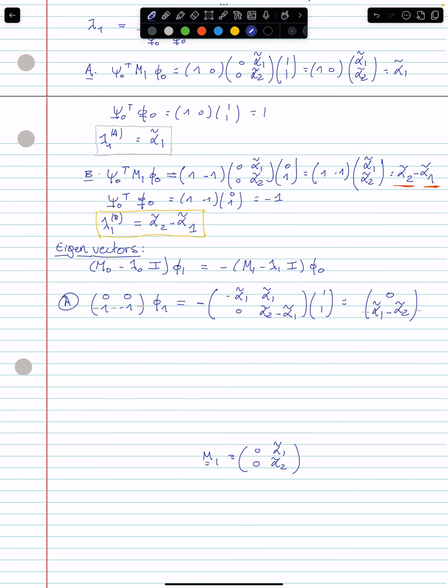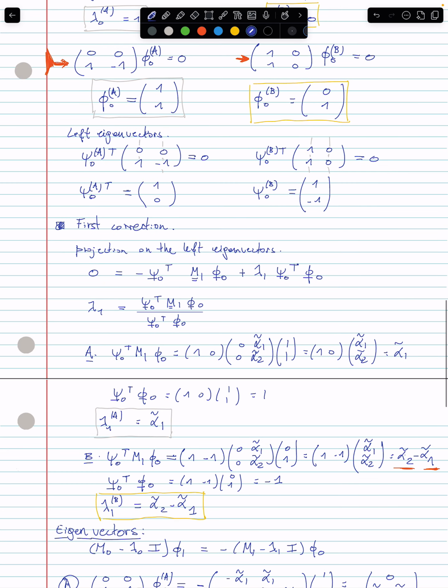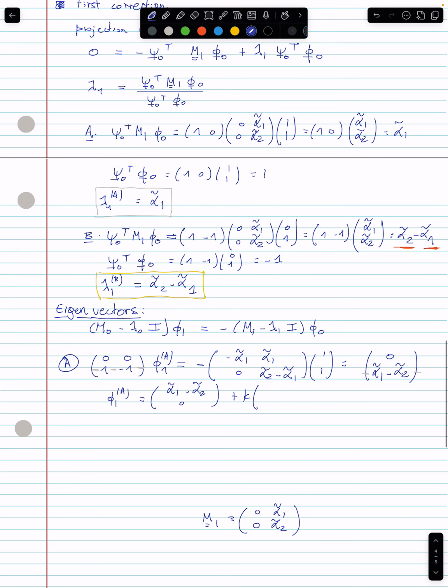So we'll have phi 1a is alpha 1 minus alpha 2 and 0 plus any arbitrary constant multiplied by phi 0a, which is 1, 1.